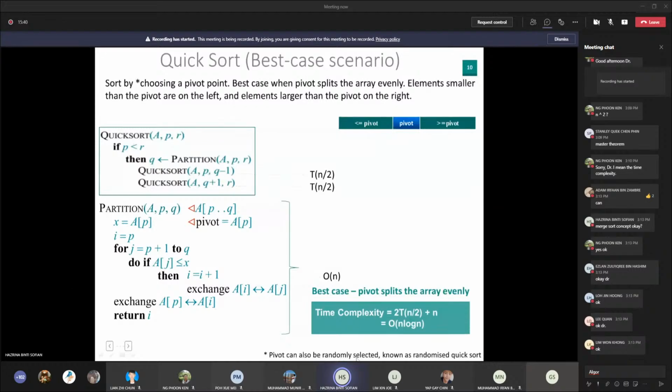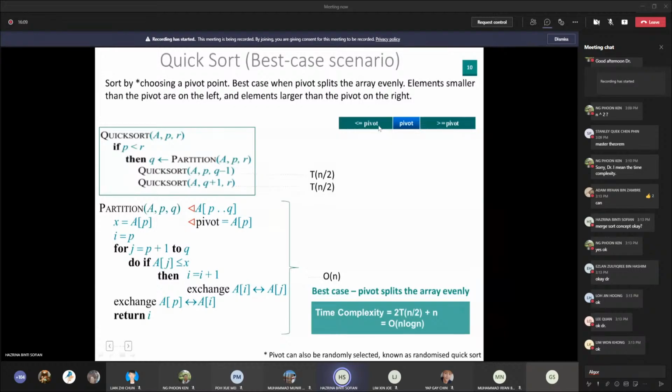The pivot can also be randomly selected. So in order to pick the pivot, you can add a randomized algorithm to pick one pivot. Let's say the best case is when the picked pivot is in the middle.